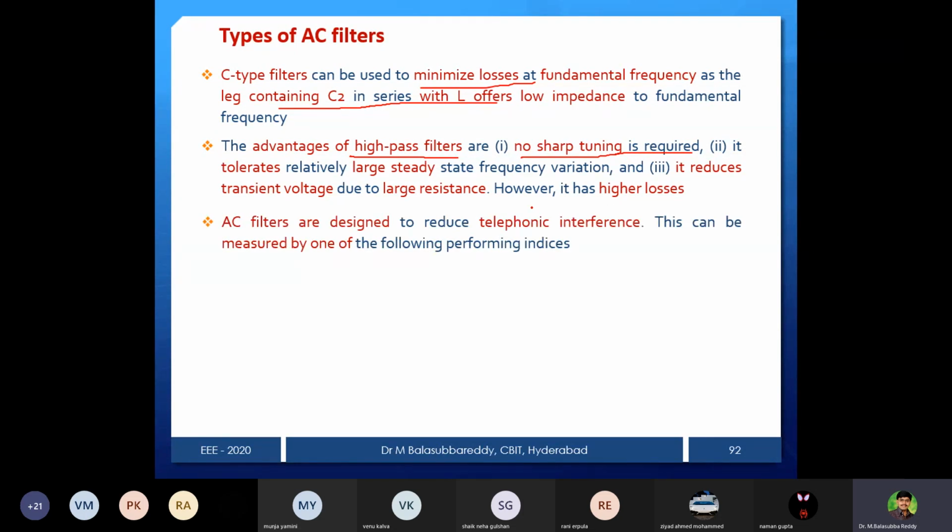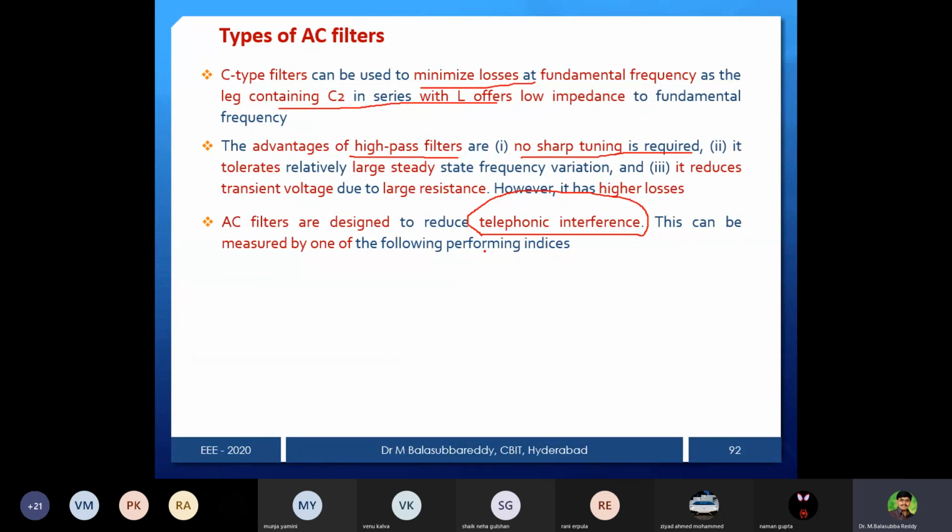AC filters are designed to reduce the telephonic interference. So this is also one of the major problems. Injection of the harmonic itself, I mentioned there are four or five issues, and at that point one of the main problems is that this will interfere with the telephone lines.